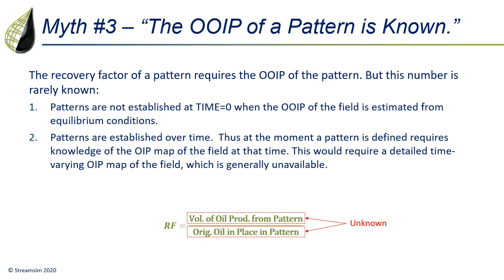And 2, patterns are established over time and possibly much later. Thus, at the moment a pattern is defined requires knowledge of the oil in place map of the field at that time. So this would require a detailed time-varying oil in place map of the field, which is generally unavailable.